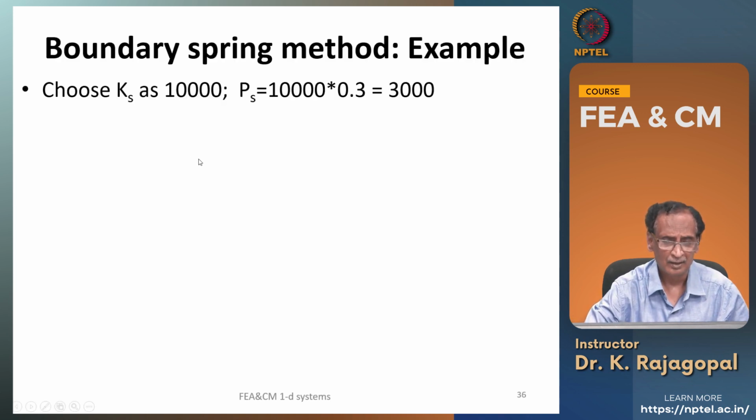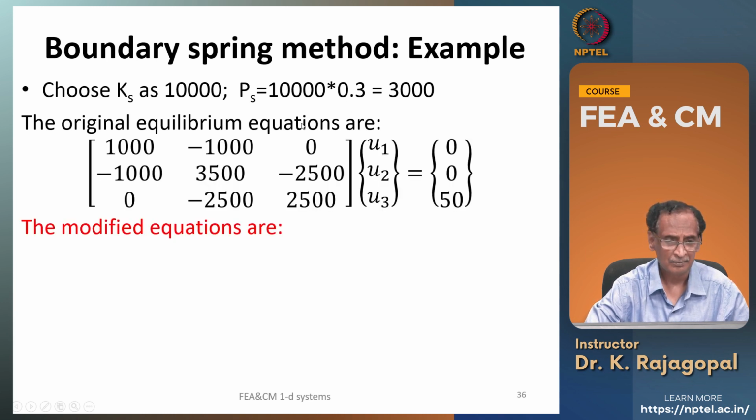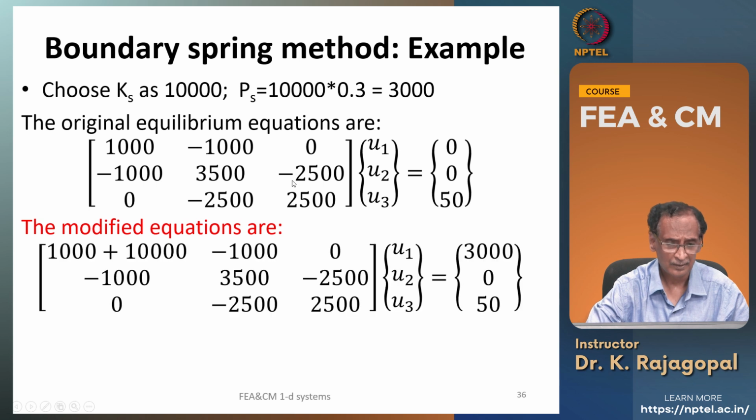And let's look at the boundary spring method to illustrate, and let's take the boundary spring stiffness as 10,000. Okay. So, the P1 is 10,000 times 0.3, that is 3000. So, our original equations are like this, and the modified equations are like this. Okay. And U1 we want as 0.3.